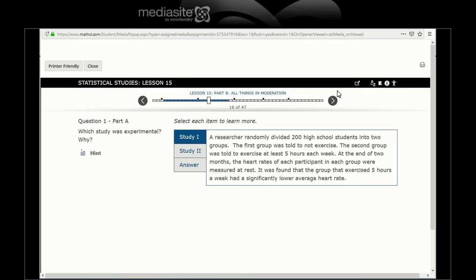Which was experimental and why? We kind of told this one with study 1, we had a treatment. We varied exercise time between two groups.